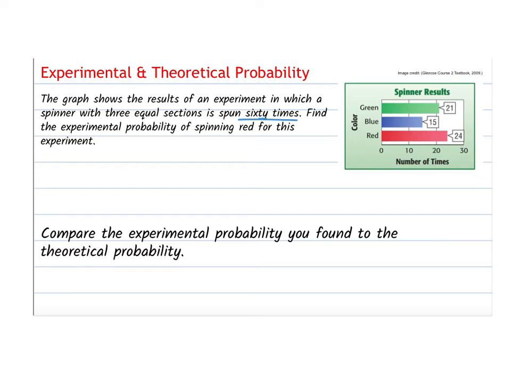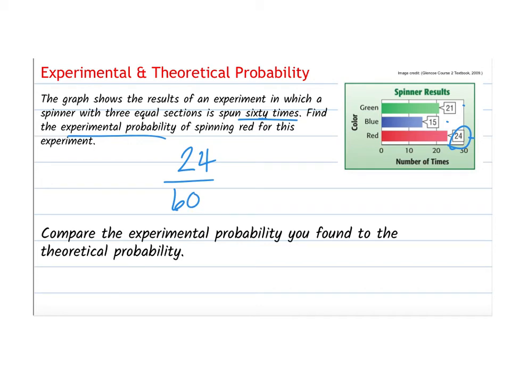And it's telling us that it was spun 60 times. If it didn't tell us that, we could also add up the numbers on here to figure out that it equals 60. And we want to know experimental probability, that's what did happen in the experiment. Well, it shows that we spun a red 24 times out of the 60.